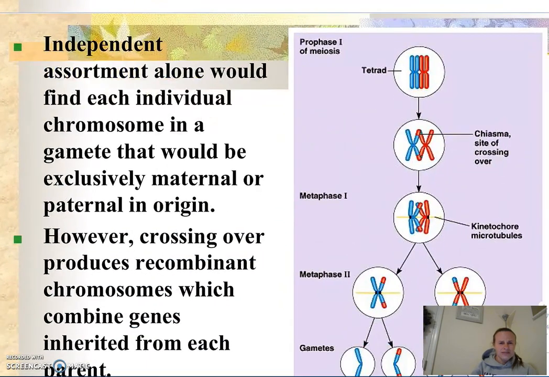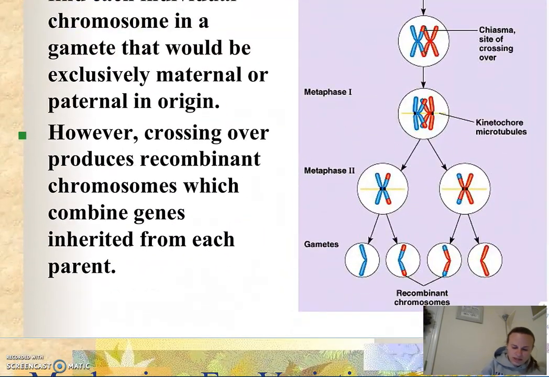In addition to independent assortment, crossing over is another mechanism for variation. Crossing over is what I like to say when the chromosomes kind of play footsie with one another. Part of one of the homologous pair is shared with part of the other homologous pair.